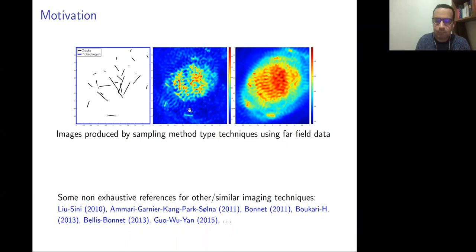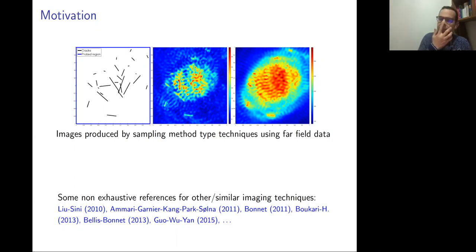This is, for example, what we obtain with two different sampling methods, but with other imaging techniques you obtain similar results.